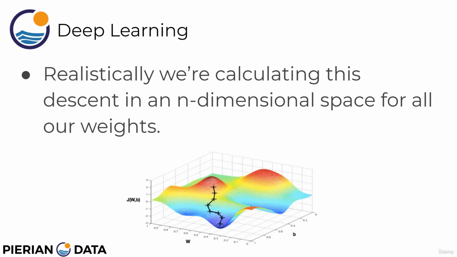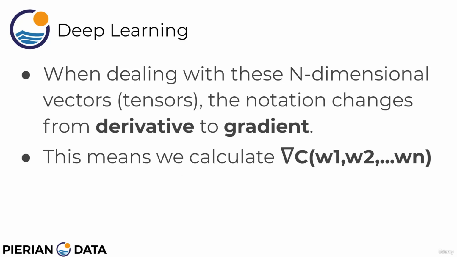Realistically, I'm not going to be able to illustrate the n-dimensional space because it's going to be tens or hundreds of weights and biases. So there's really no way we can illustrate that for you, which is why we simplify it down to a single weight. You can understand what gradient descent is doing, and then what the computer will be doing for us is the same sort of calculations, but in an n-dimensional space that we can't realistically illustrate.